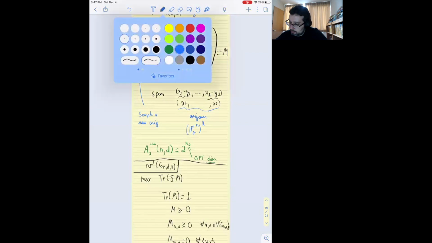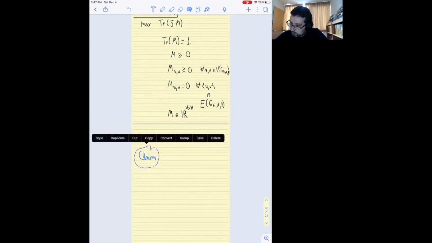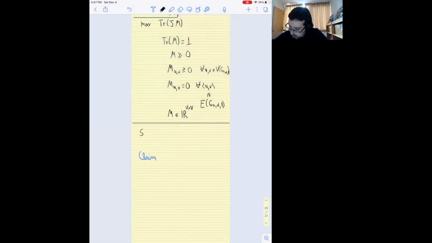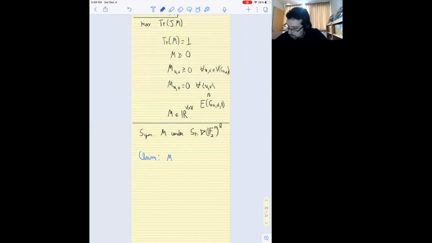So a little claim here. Let's say that we are after symmetrization of M under the action of the group, which is F2 to the nL. The claim is that after the symmetrization, the diagonal entries are the same.